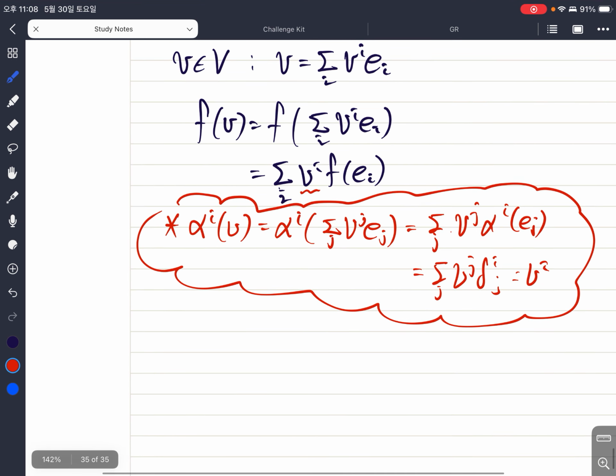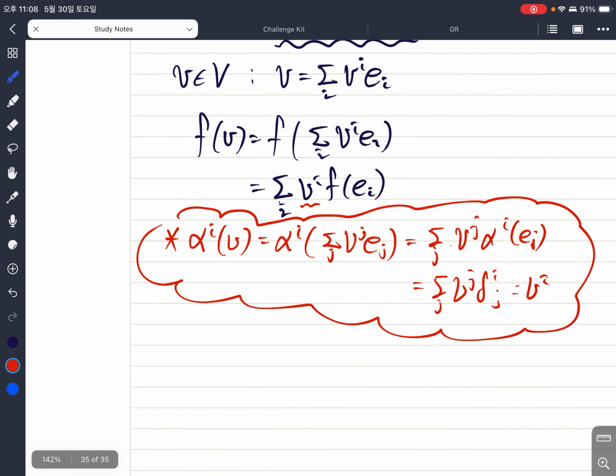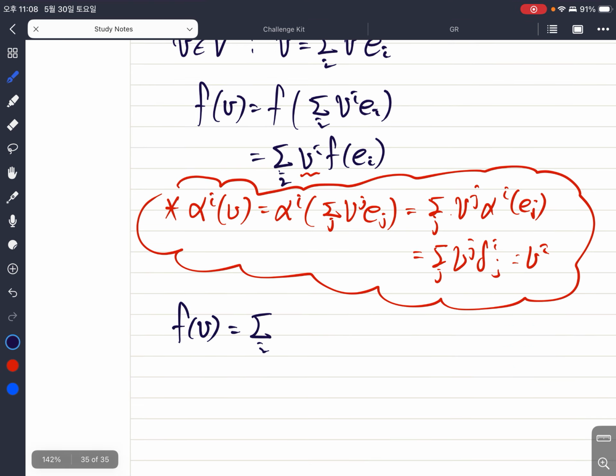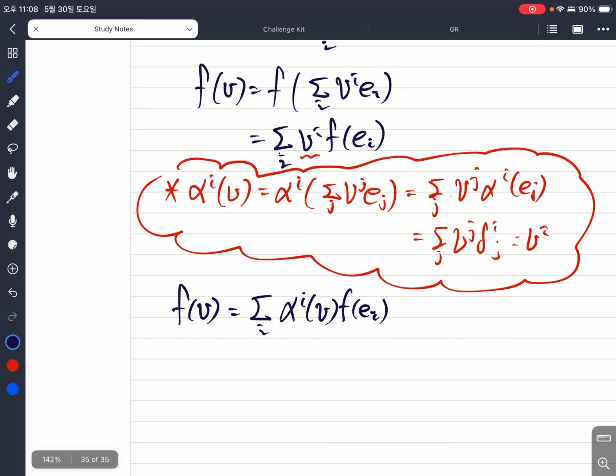So using this, we can write f(v) as the sum over i, and v^i was alpha^i(v), times f(e_i). And now what we have to do is just change the order.